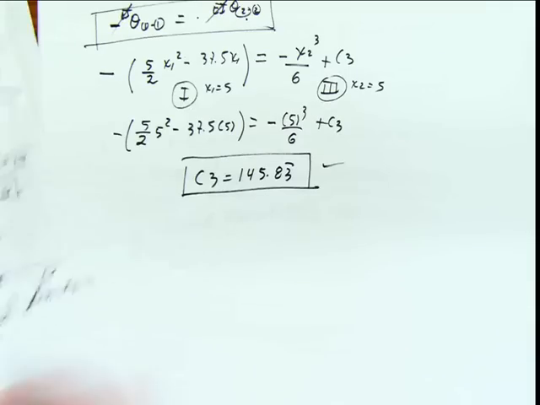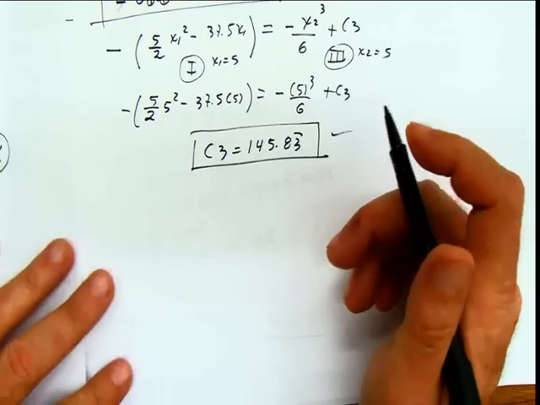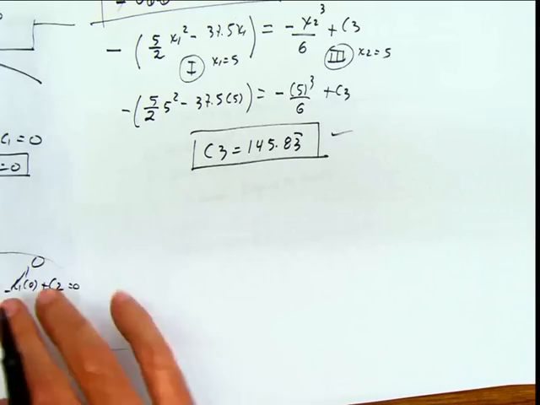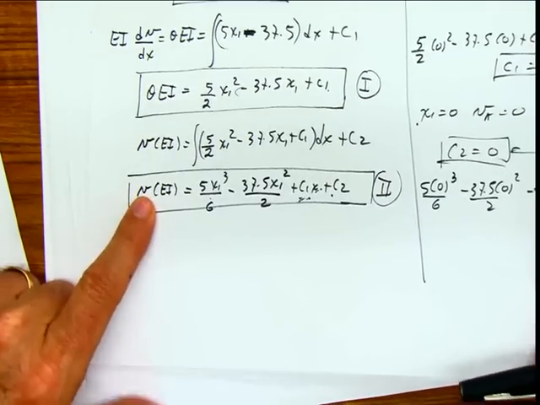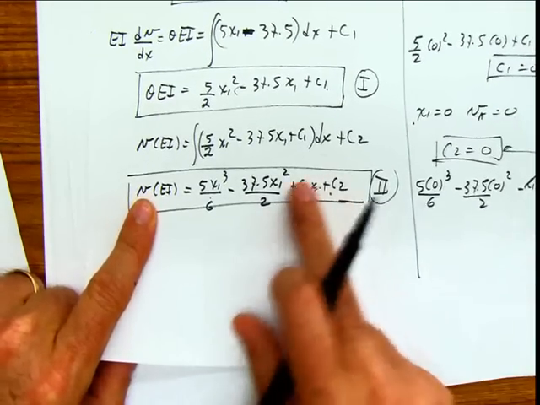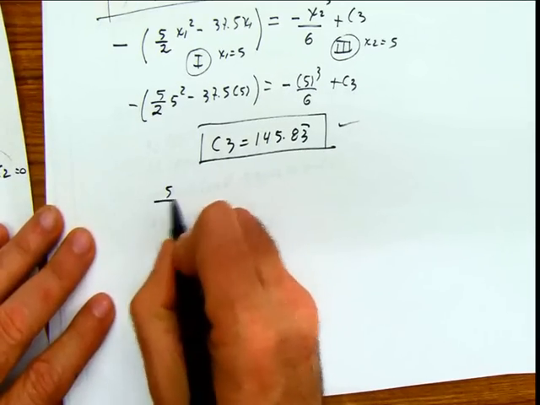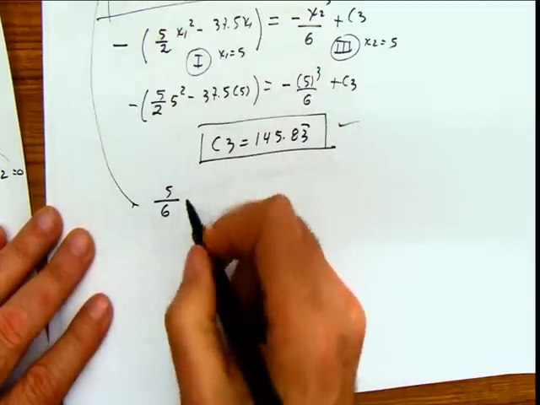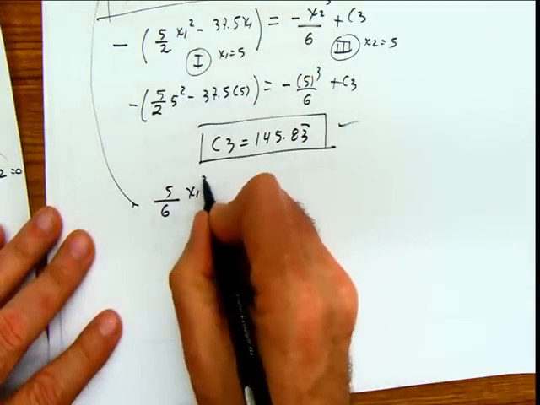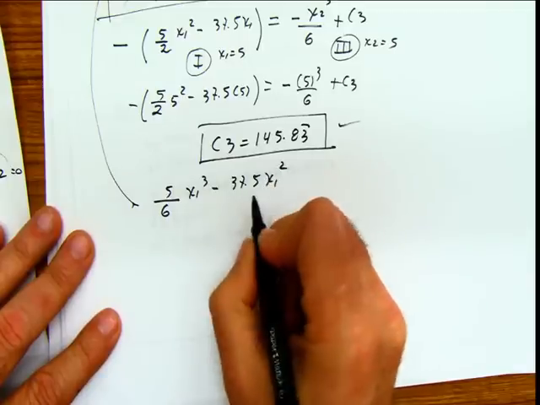And my equations for deflections are my equation number 2 that we calculated before. Just remember that C1 and C2 are 0. So what I have is 5/6 x1 to the third minus 37.5 x1 squared divided by 2.